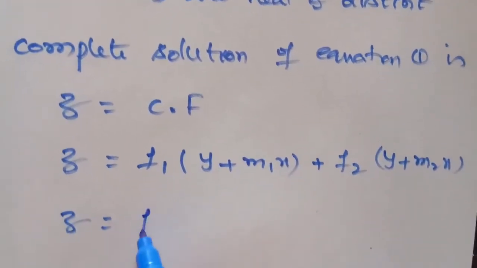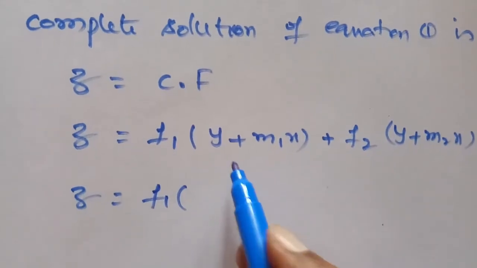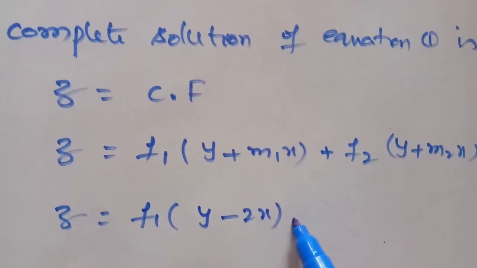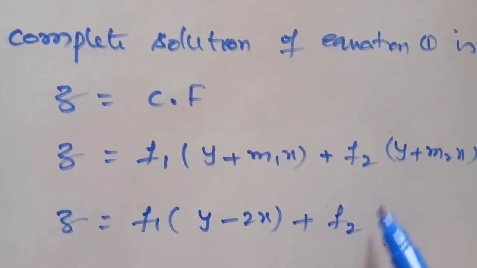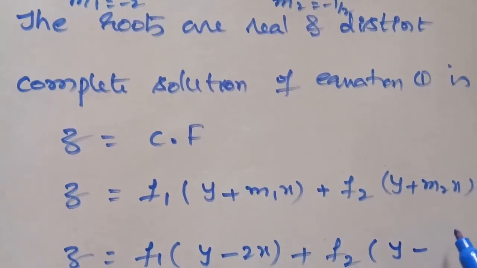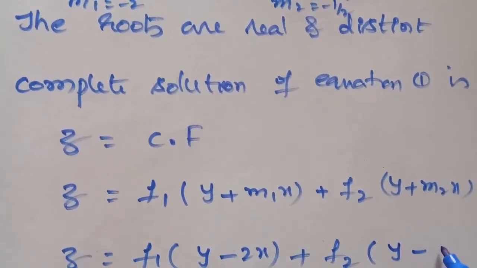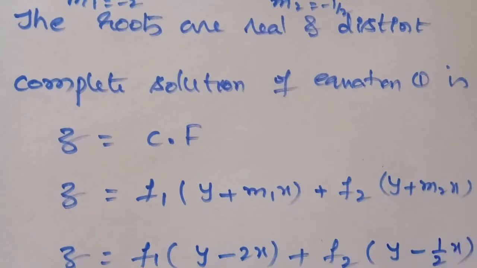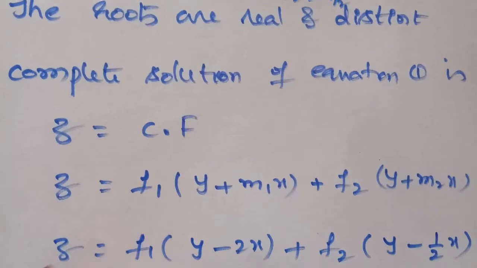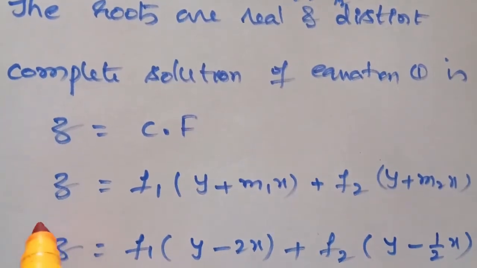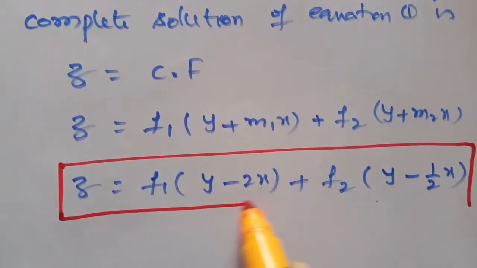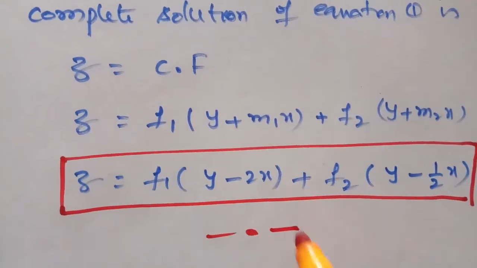Therefore, z is equal to f1 of y minus 2x plus f2 of y minus 1 by 2 of x, which is the complete solution of the given homogeneous linear partial differential equation of second order.